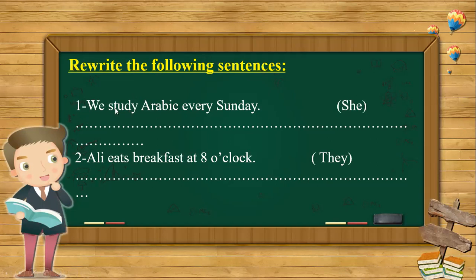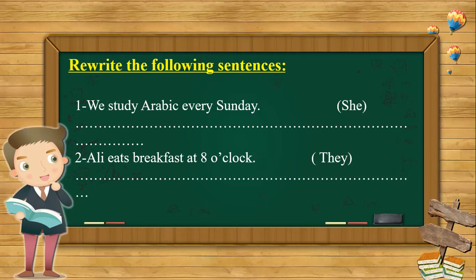Here he wants me to change we and put she. What will happen? He, she, and it, they have what? Super. They have sweet S in their pockets, so they will give it to the verb. It will be she study.